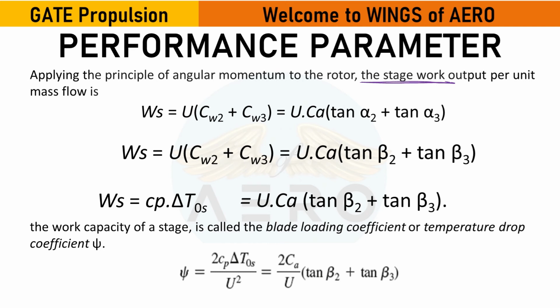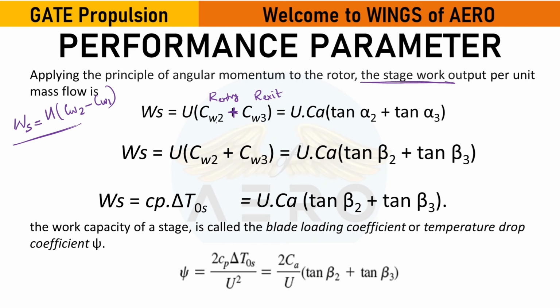Now I'm comparing this work done formula with what you have seen in the compressor. It was CW2 minus CW1, you remember that formula, right? So here it is a plus sign with CW2, for the rotor at the entry and the rotor at the exit.